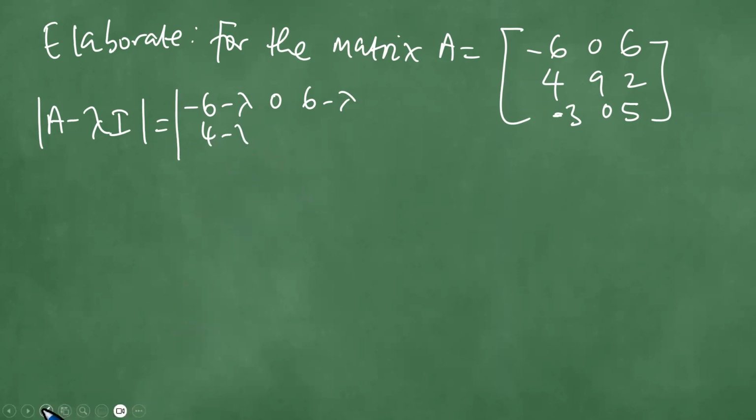Okay, the main diagonal entry is minus lambda, but I'm trying to just elaborate on this. I know that you know this very well, but we use these to find the eigenvalues.